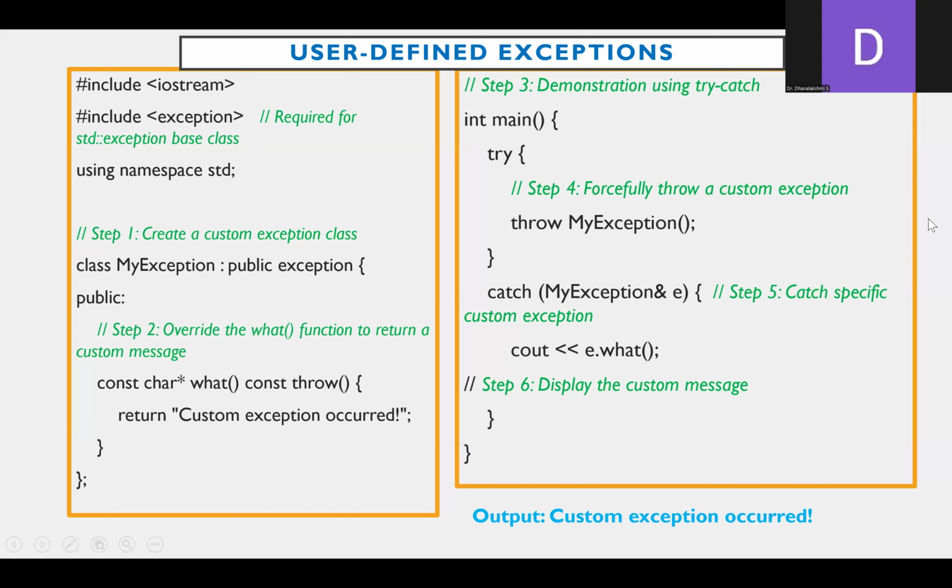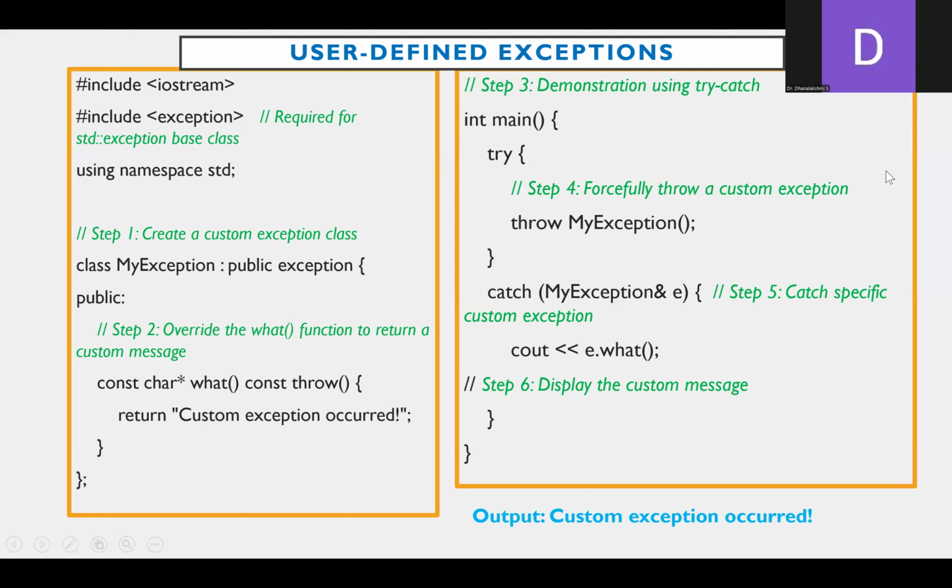Here, we explicitly throw an object of type myException. The moment throw myException executes, the control leaves the try block immediately. Any subsequent lines inside the try block, if any, are also skipped. The runtime looks for a matching catch block.